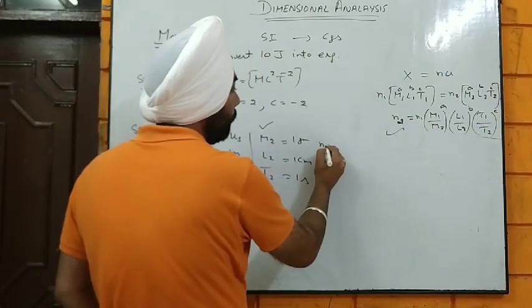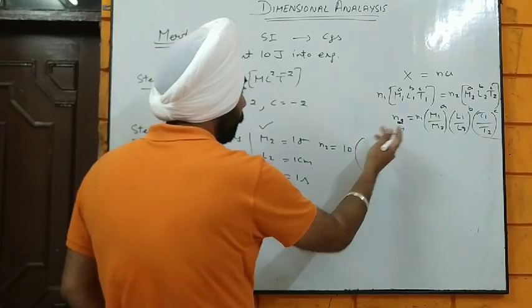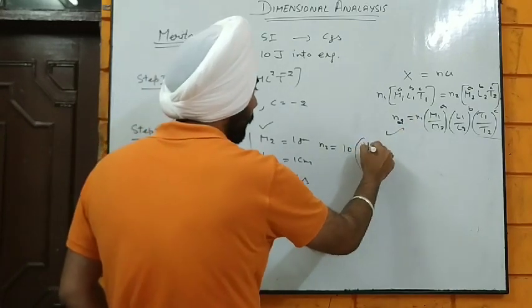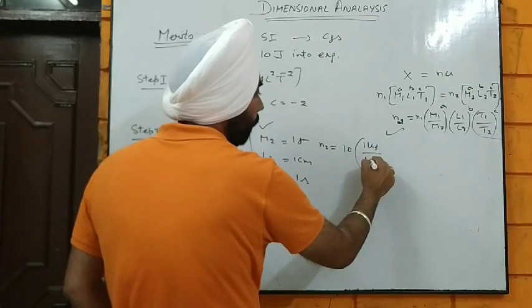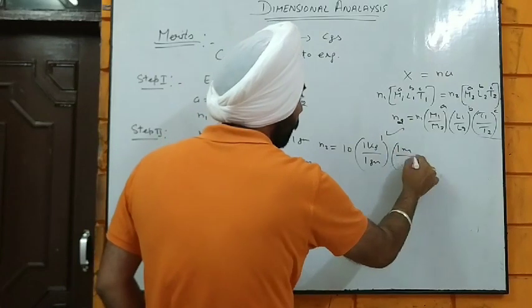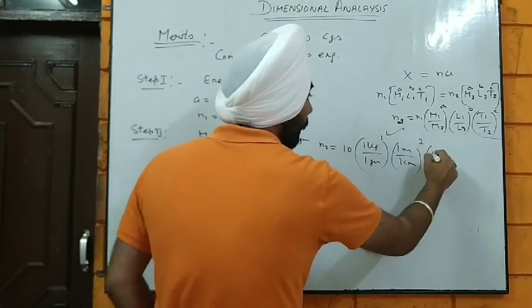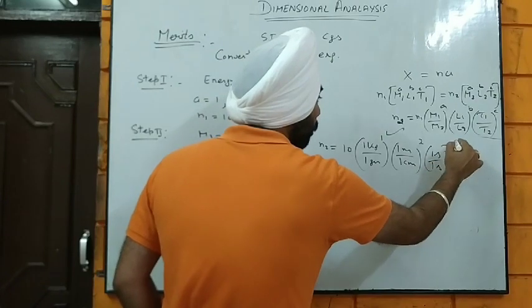So N2 is equal to, now what is the value of N1? That is 10. So 1 kilogram, again the same thing, over 1 gram raised to power 1. Similarly 1 meter over 1 centimeter raised to power 2 this time. And 1 second over 1 second raised to power minus 2.